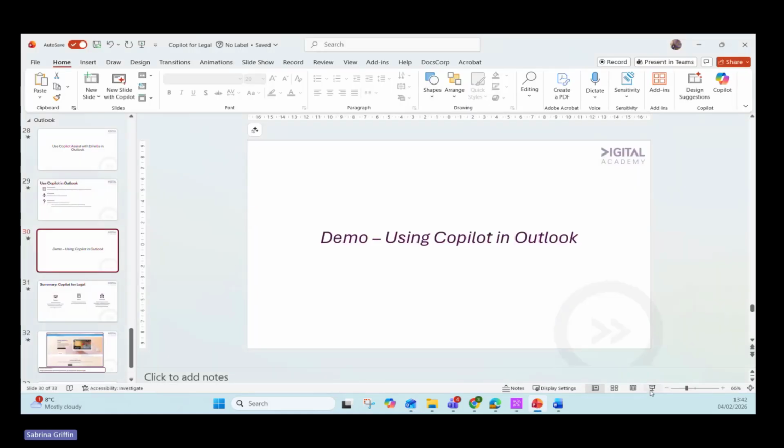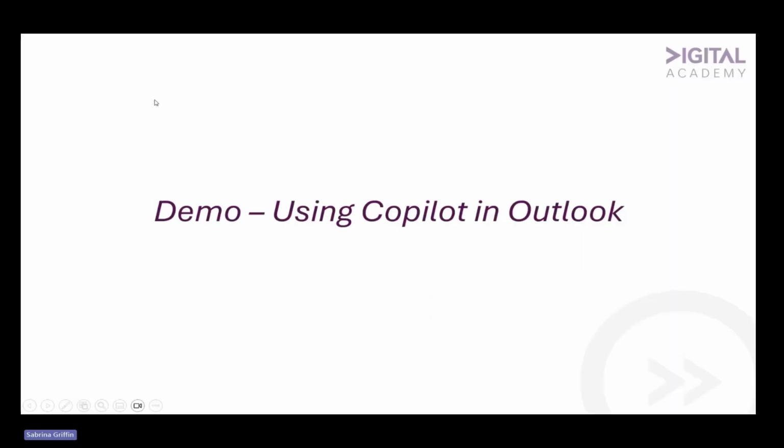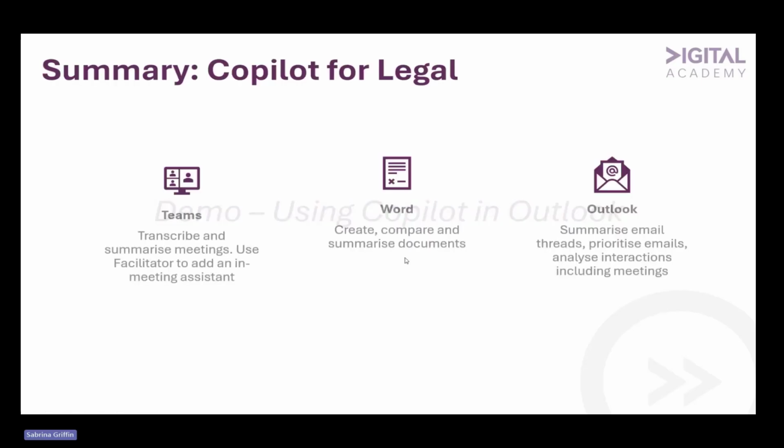Again, you can talk all day about the different things that you can do with Copilot, but I think the aim of today was just to show you those things that are possible, and maybe some that you may not have thought about and not played around with yet. So we've looked at Teams, transcribing and summarising Teams meetings.